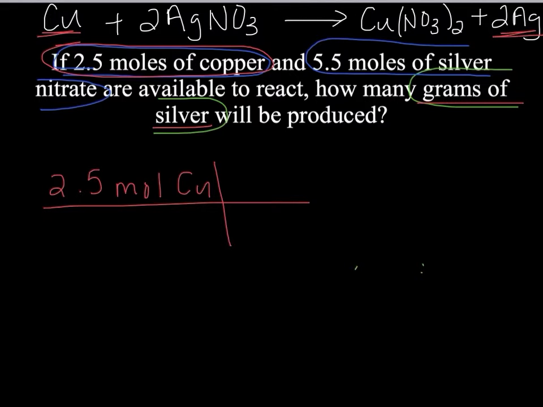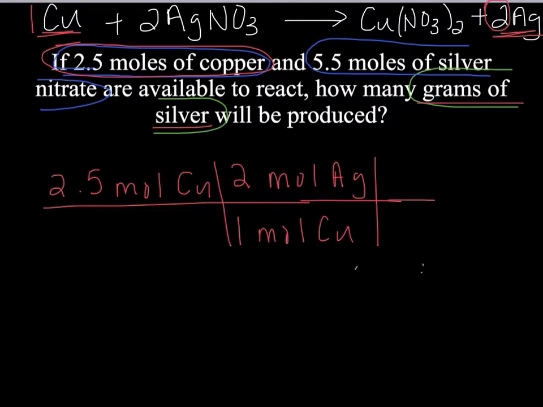So here I have 1 mole of copper, I have 2 moles of silver, so it's a 1 mole to 2 mole ratio. Notice I put my moles of copper on bottom, so my units cancel out. My next step is to convert to grams of silver using the molar mass of silver.